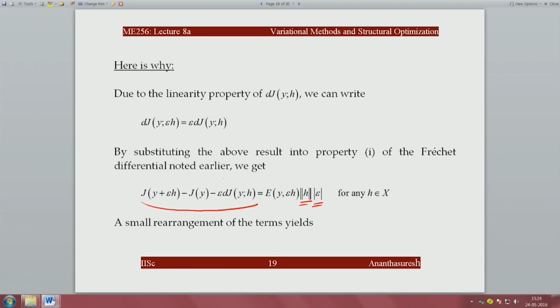So, in the definition of the Fréchet differential we did not have the epsilon. Now, if we include epsilon, then that thing will not be equal to 0. When epsilon tends to 0, then we said divide by epsilon, and we said that is the Fréchet differential. Now, we are saying differently, this is one of the properties of the Fréchet differential, where this quantity on the left side is equal to the quantity on the right side, that is this little error that will be there times the norm of h times the absolute value of epsilon.